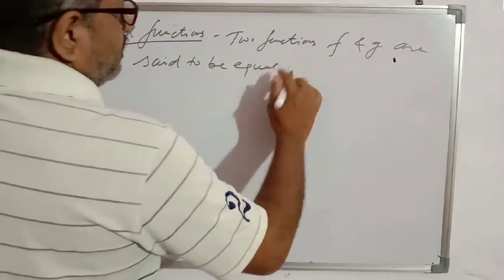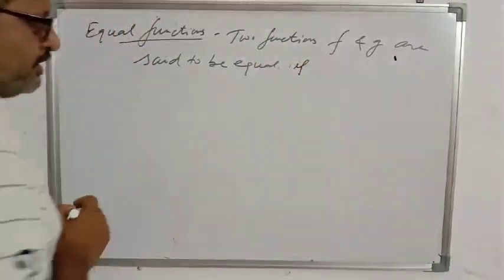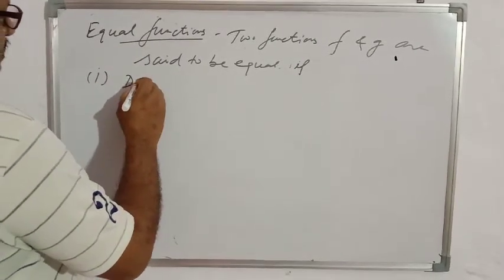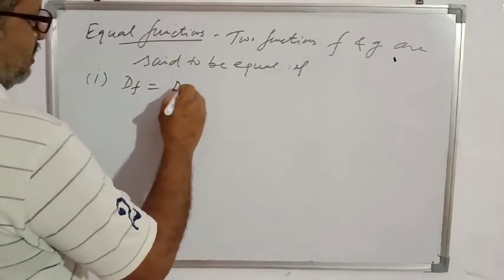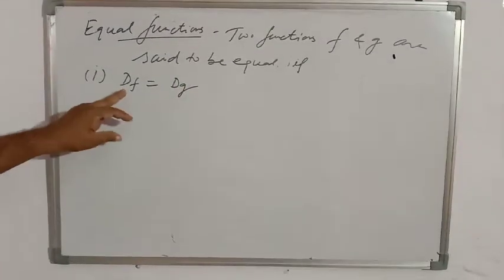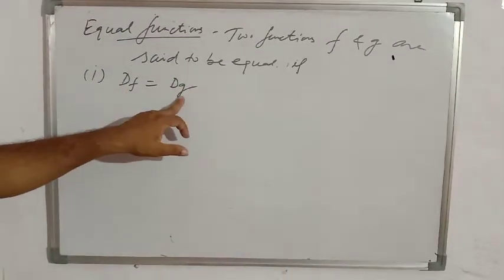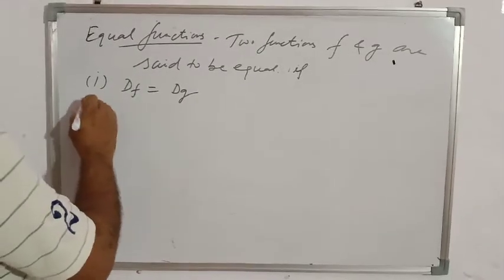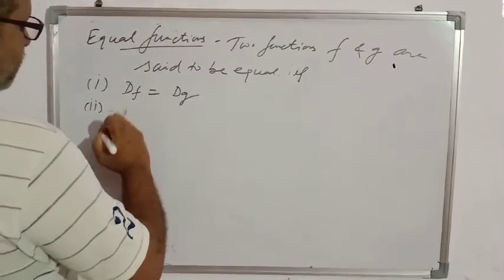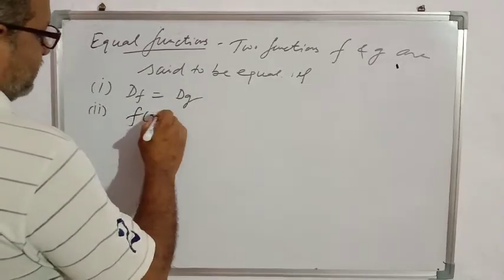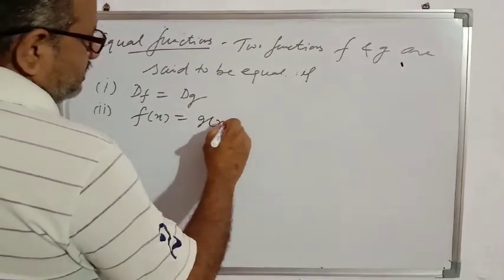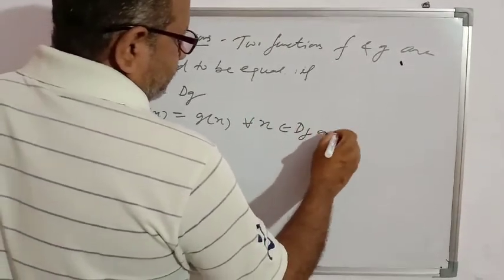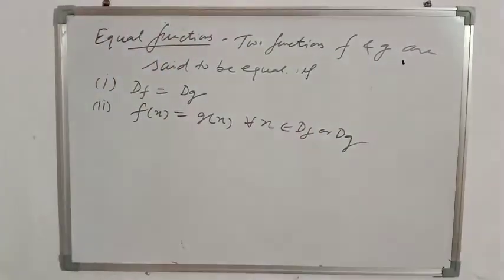Two functions f and g are said to be equal if their domains are equal, D_f is equal to D_g. The domain of the function f and the domain of the function g are equal, and second condition, their values are also equal, meaning f(x) is equal to g(x) for every x belonging to D_f or D_g.